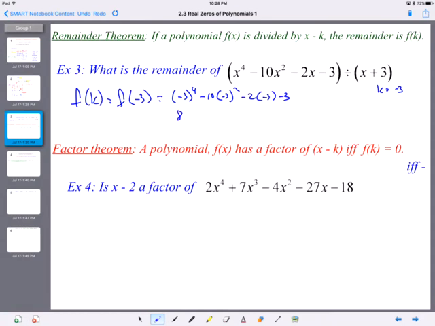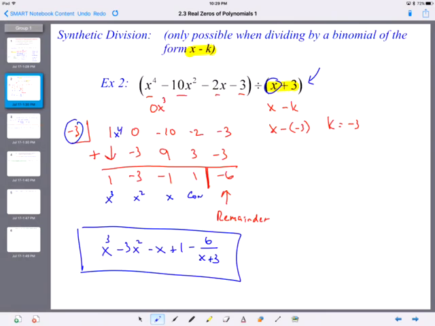We get 81 minus, -3 squared is 9, 9 times -10 is -90. Make sure you square it first. -2 times -3 is 6. And then minus 3. So we get -9 plus 6 minus 3, which will then be -3 minus 3, which is -6. And that's what we found out on the last one, is we had a remainder of -6.